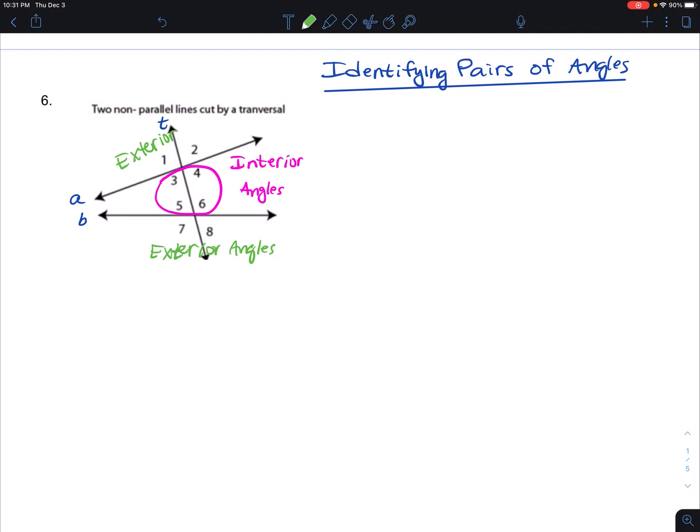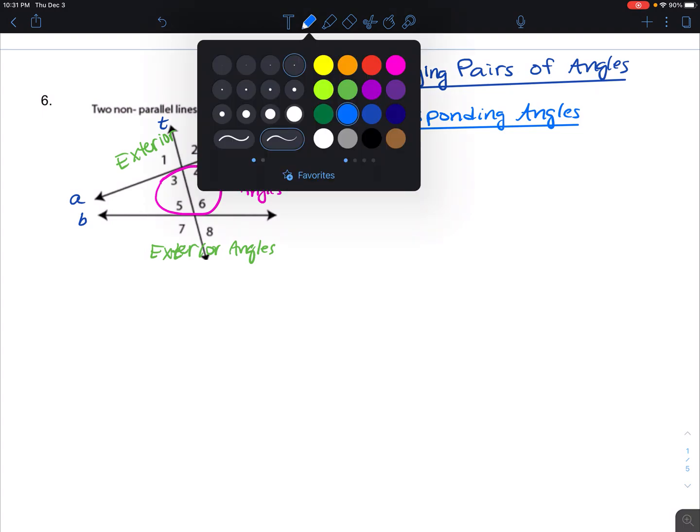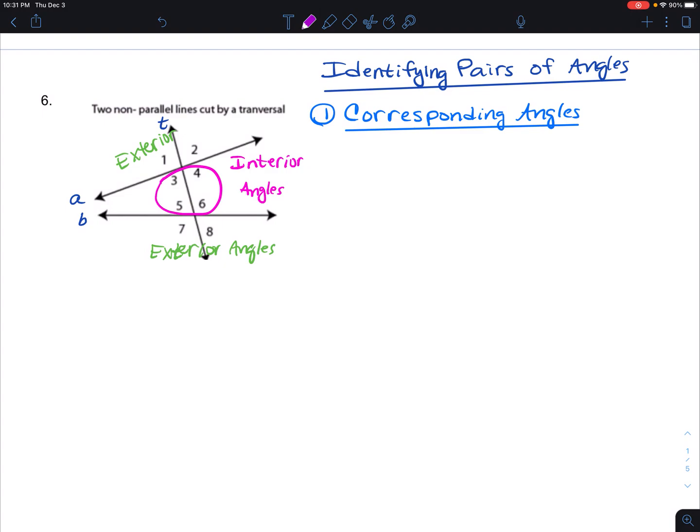So where are we going to begin? Well, the first pair of angles we're going to talk about are called corresponding angles. Now, corresponding angles, they have to be sitting on the same side of the transversal and in the same position.